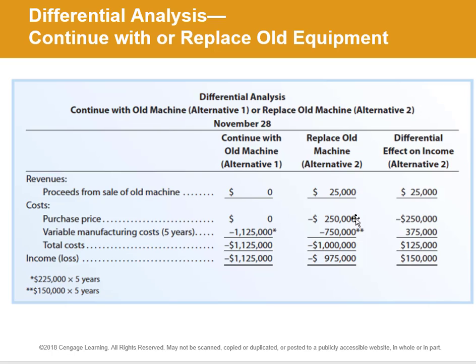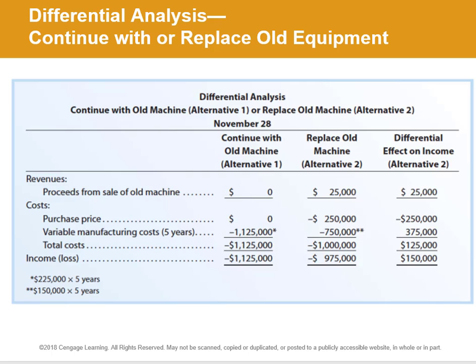Then we pay $250,000 for the new machine, and then the new variable manufacturing costs are $150,000 a year times 5 years, or $750,000, which brings us to $1 million in total costs, $975,000 net out. So in terms of the differential effect, there's a $150,000 difference between continuing with the old one and replacing it with a new one.